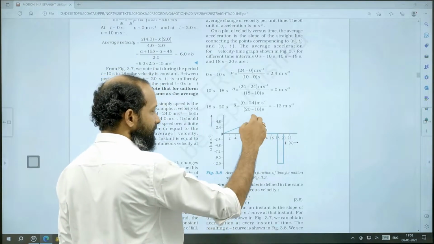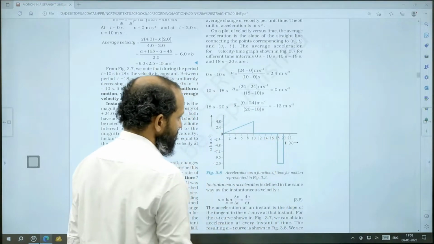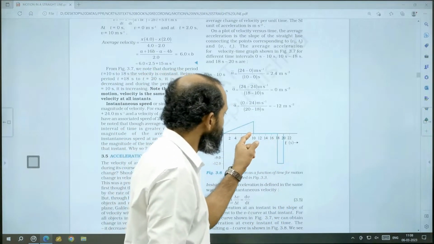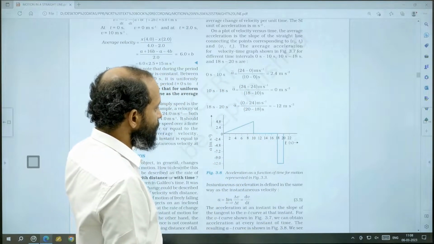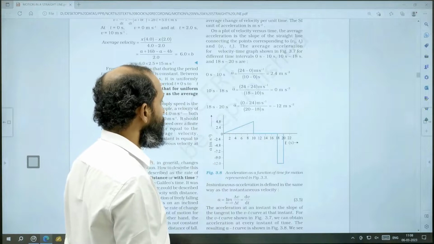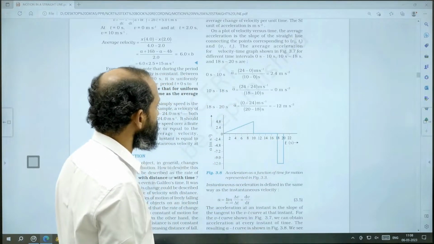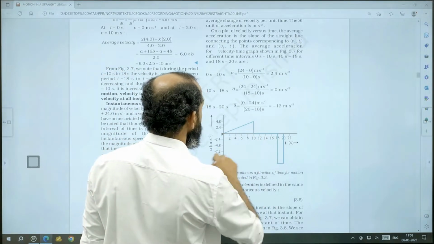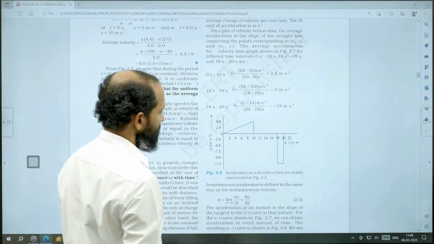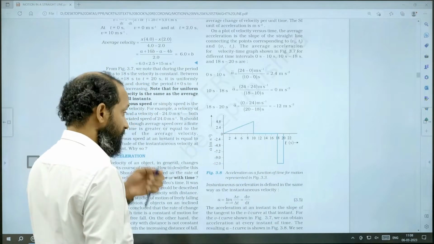Then change in velocity becomes negative for 18 to 20 seconds. Change in velocity becomes 0 for 10 to 18, because acceleration is 0. So the body moves with constant velocity from 10 to 18 seconds. From 0 to 10 seconds, acceleration goes on increasing. You measure the area under the graph, then you will get the change in velocity.